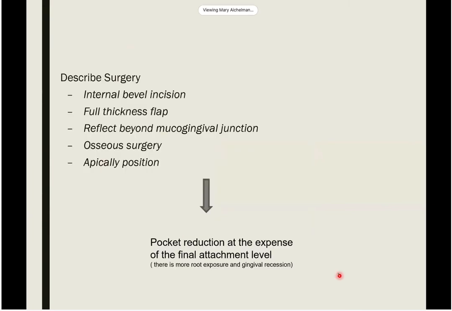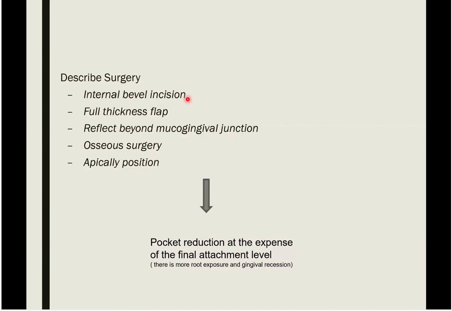Okay, so this is just reviewing the steps that we take in doing a surgery and knowing the difference between the apically positioned flap and replaced or coronally positioned. If we're going to do a coronally advanced or an apically positioned flap, that flap has to go past the mucogingival junction. If we want to coronally advance up, we have to go past the mucogingival junction to get into that alveolar mucosa. If we want to move it down to get pocket reduction, again, we have to go past the mucogingival junction.